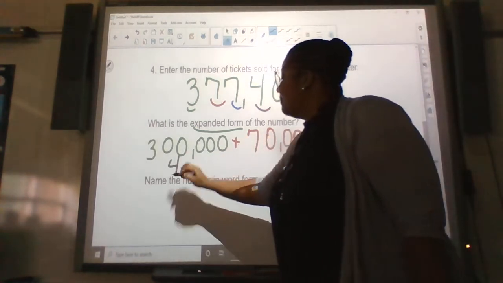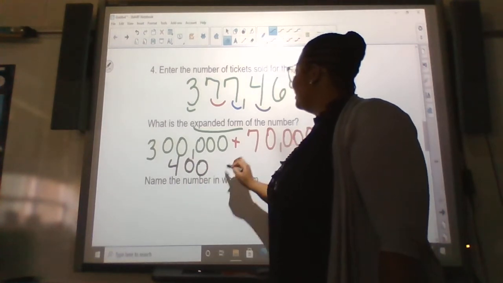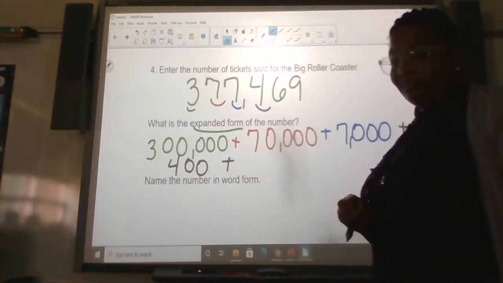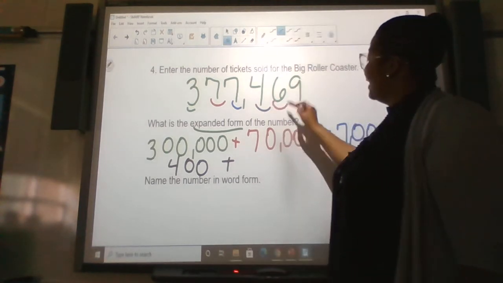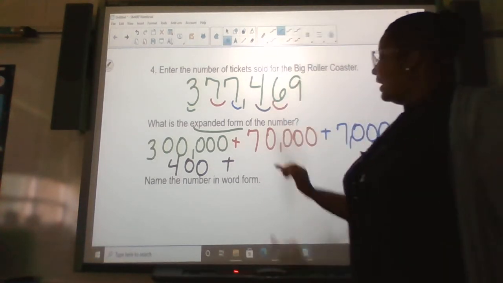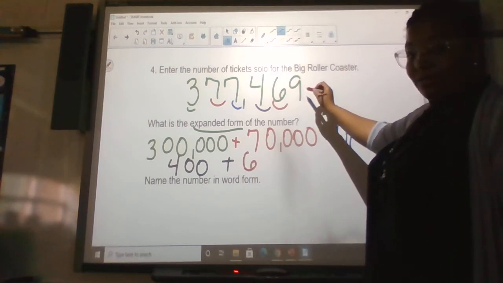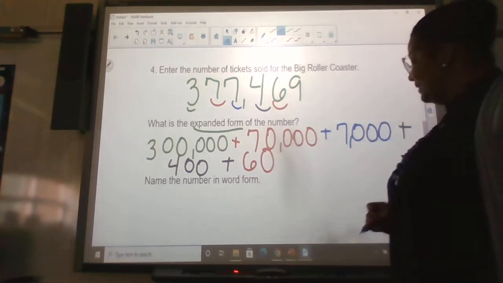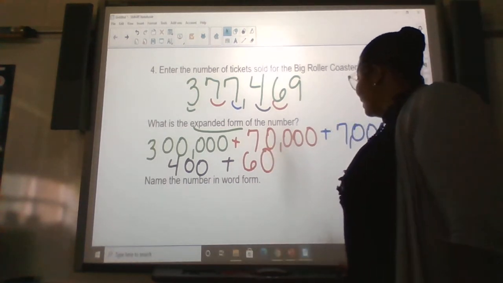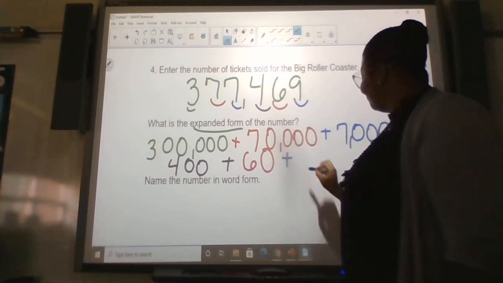I'm going to write my 4 and turn everything behind it to 0. Good. Now I move on to my 6. I write it and turn everything behind it to a 0. Good job. So that's 60 plus 9.